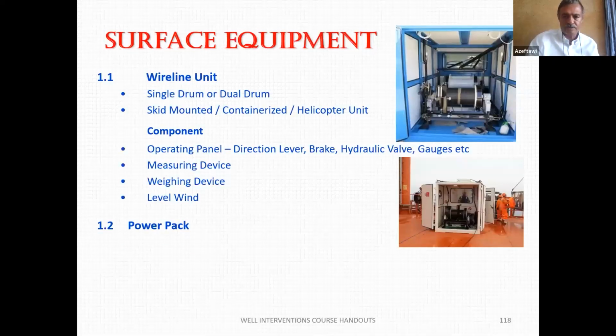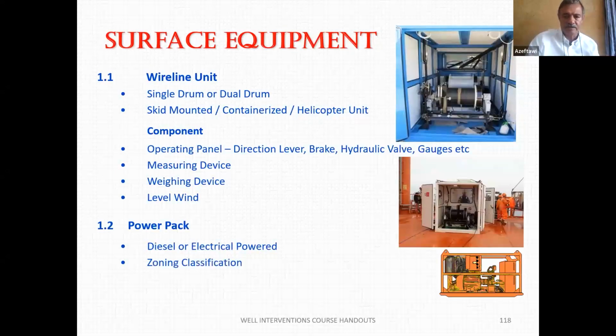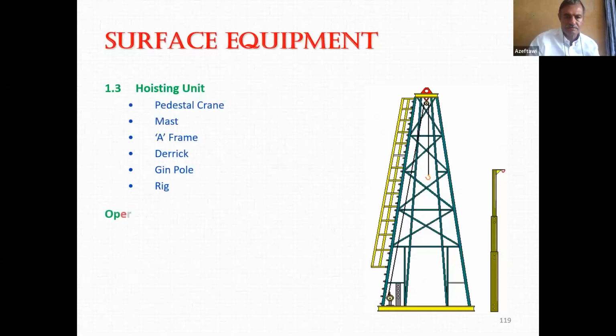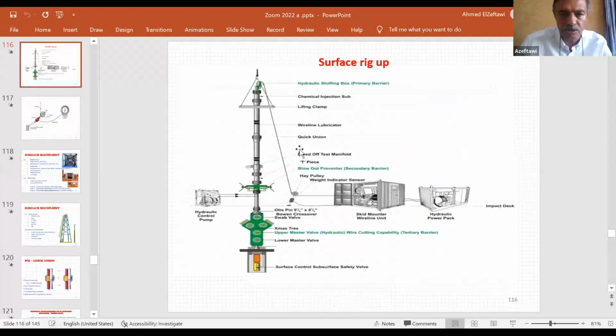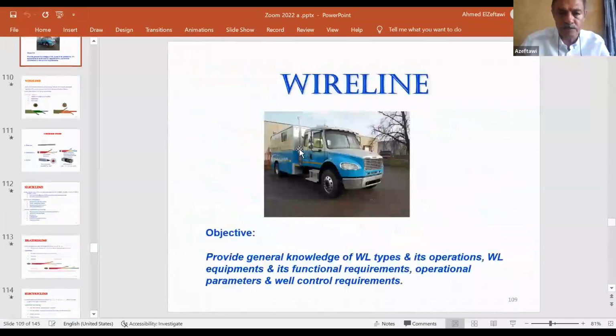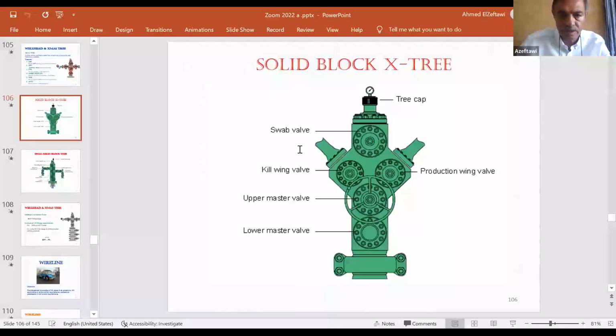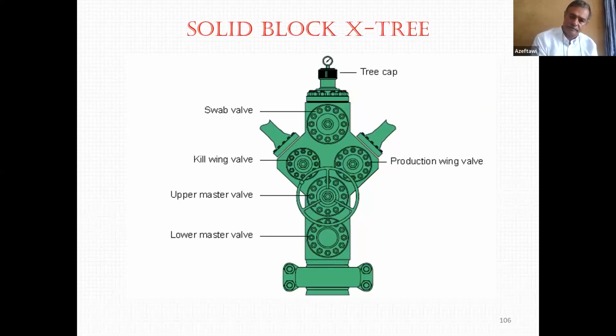These are some pictures of slick line units. When you rig up slick line, if we go back to the last session, where we were talking about completion, this was our Christmas tree.